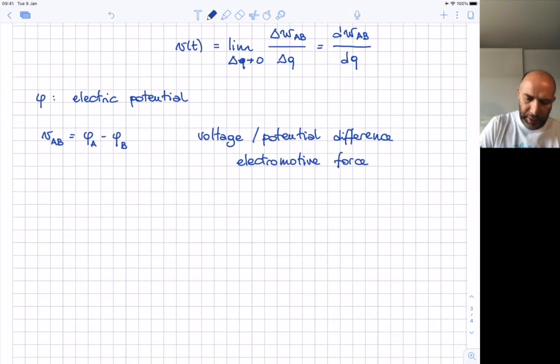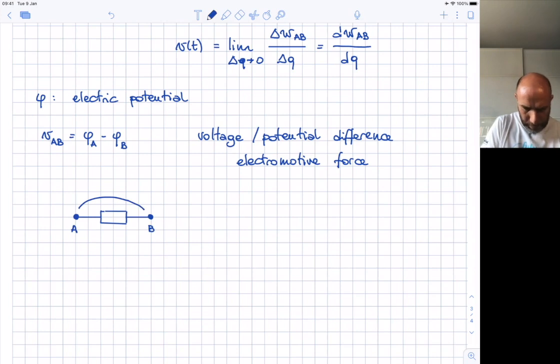So, if we refer again to our basic electric component with two terminals, what we can say is that the electric voltage is a quantity that depends on the initial starting point, so depends on the terminals only.